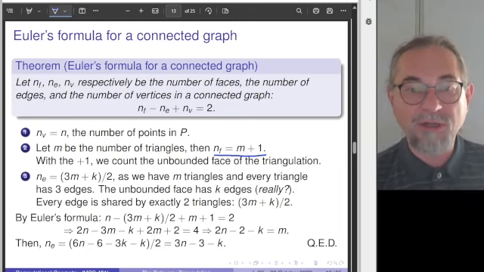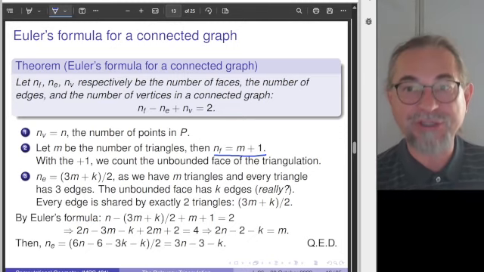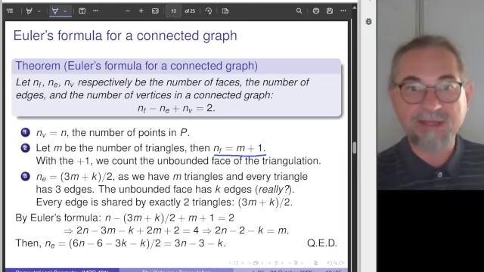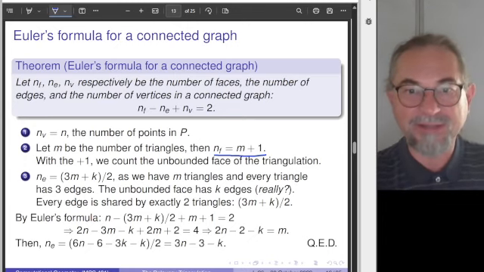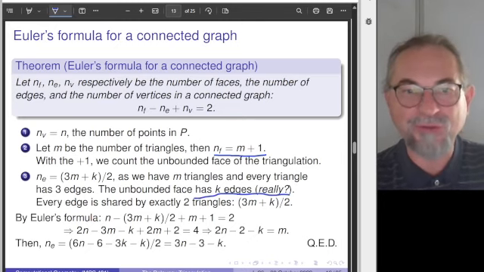Okay, so what do we have then? The number of edges is 3 times the number of triangles plus k, because k is the number of outside edges. I say this because k was not defined on this slide.